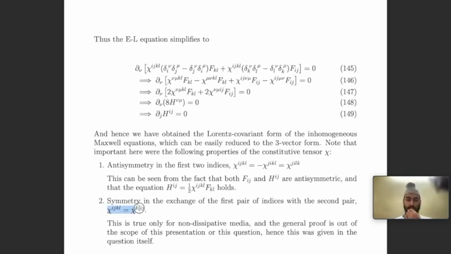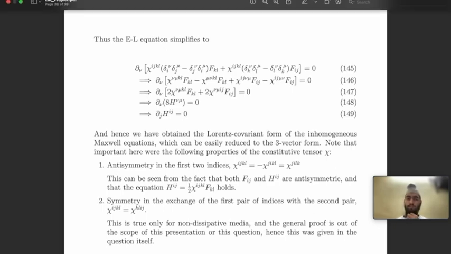So use this to simplify our equation 147 into 148, because chi^{nu mu kl} F_kl, this contraction simply becomes 2 H^{mu nu}, and then this contraction will also become that once you exchange the pairs of indices. So you get 8 H^{mu nu} here, the derivative with respect to nu, which becomes ∂_j H^{ij} equal to 0, which is the Lorentz covariant form of the inhomogeneous Maxwell equations.